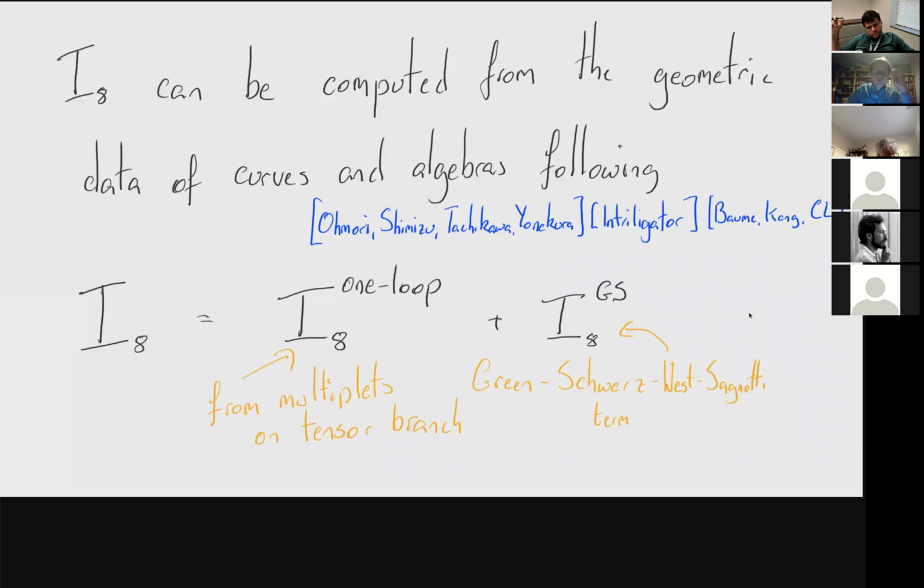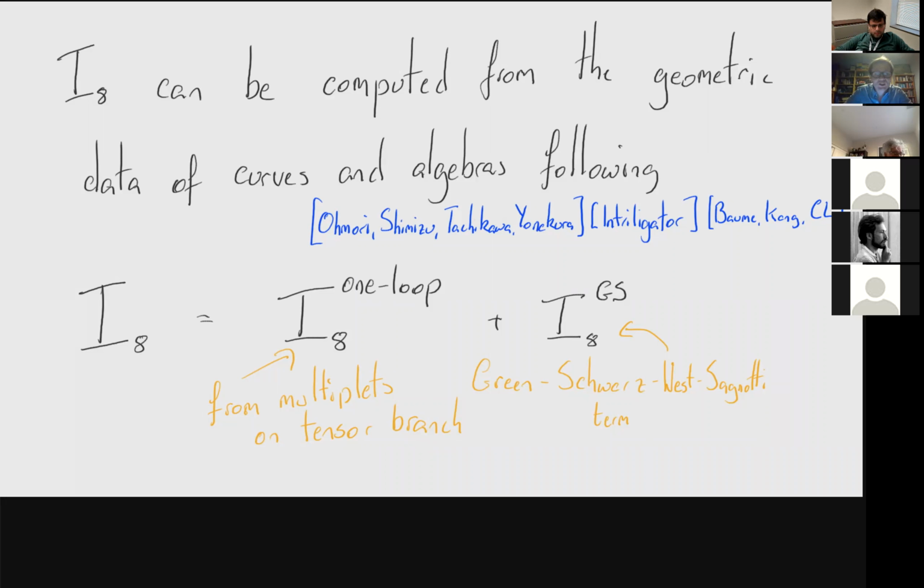The one-loop part comes from essentially when you go onto the tensor branch, you have a bunch of multiplets floating around, and each of those multiplets contributes to the anomaly in some typical way. So if you have a tensor multiplet, it contains a self-dual 2-form, a self-dual 2-form is anomalous, and so on. And then the Green-Schwarz anomaly comes from the fact that you have tensionful strings, essentially, that come from D3 branes wrapping these finite volume curves.